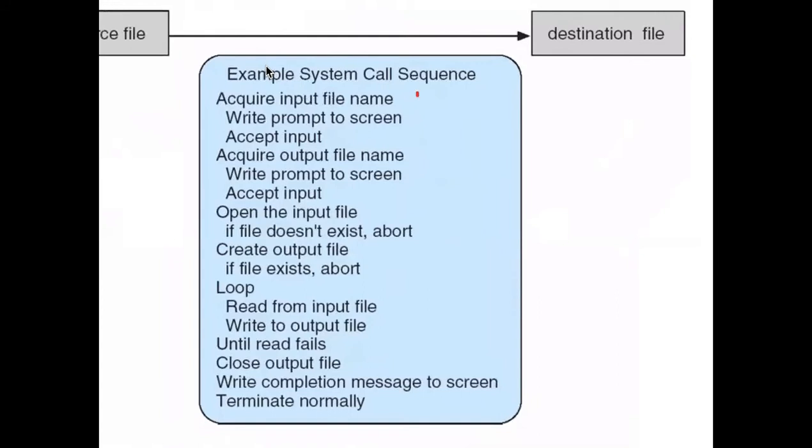First thing is to acquire the file name. In order to acquire the file name, what is to be done? First thing is that the OS will prompt on the screen, like in a shell.